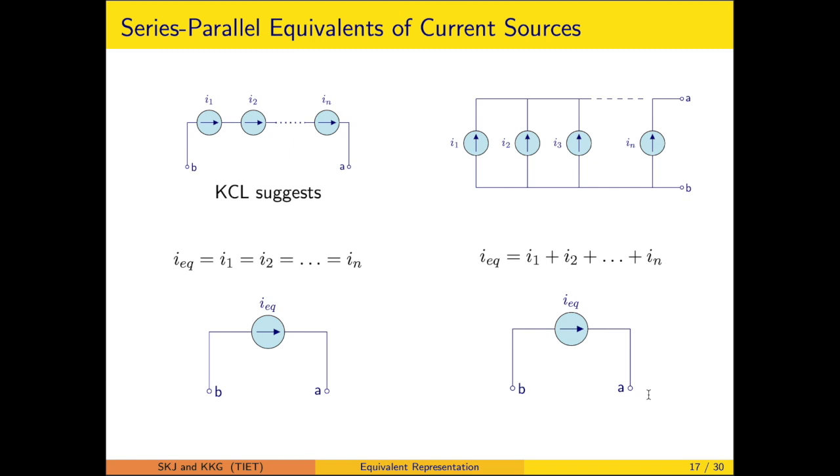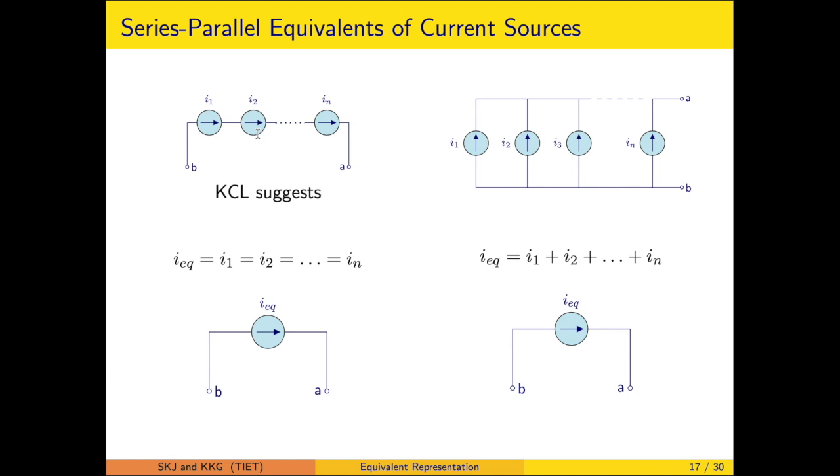Now in the case of current sources, let's say the sources are connected in series first: I1, I2, I3. In series the current will be one, common to all. So there is a restriction, and that restriction suggests the connection is possible only when I1, I2, I3 up to In are identical.